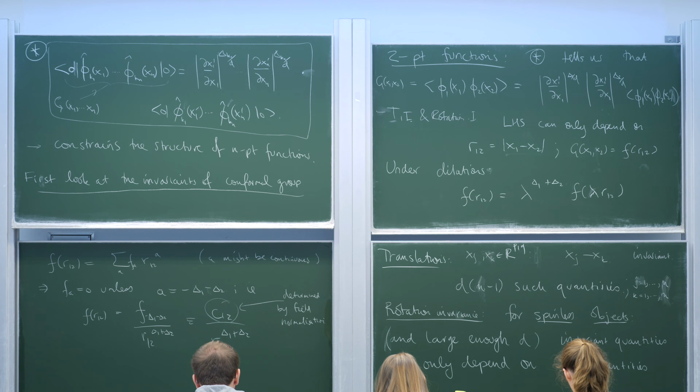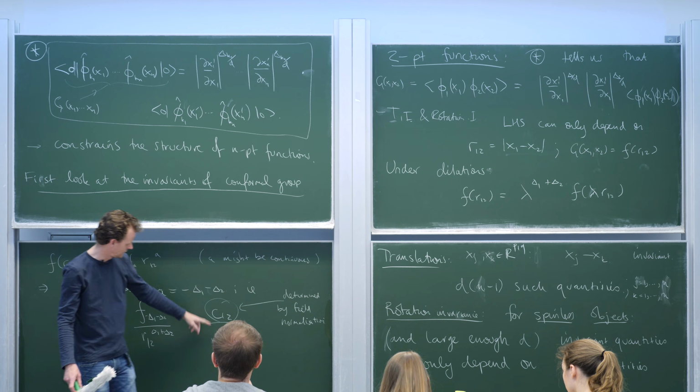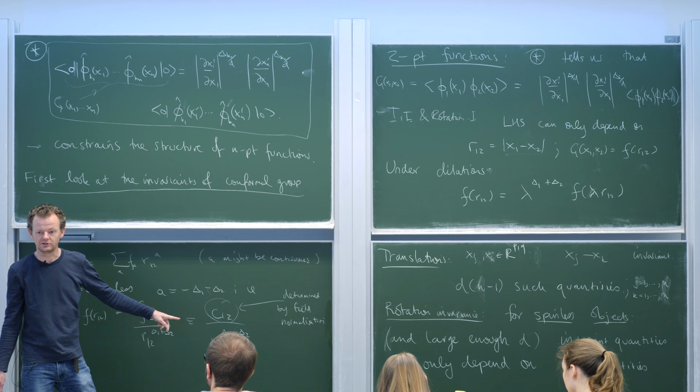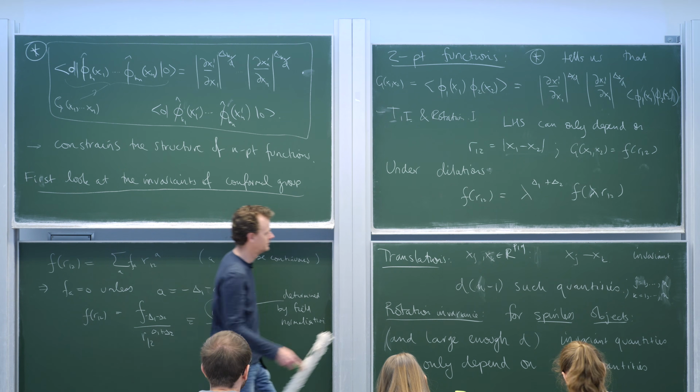So it's pretty amazing, right? You started off with a general quantum field theory, and then just by imposing translation, rotation, and dilation invariance, you already know that your correlation functions have to be power laws. So if you see anything that's not a power law in your system, it's already not conformally invariant.